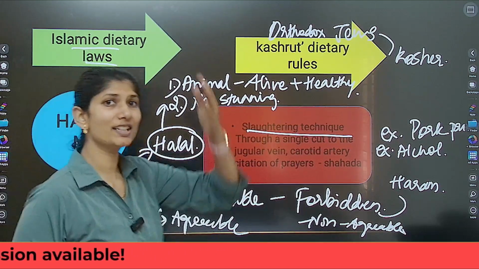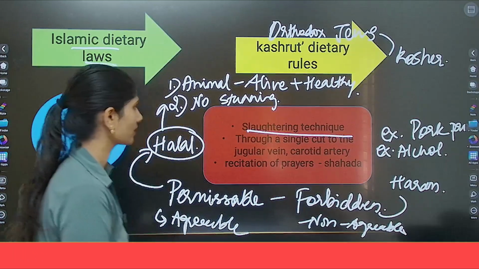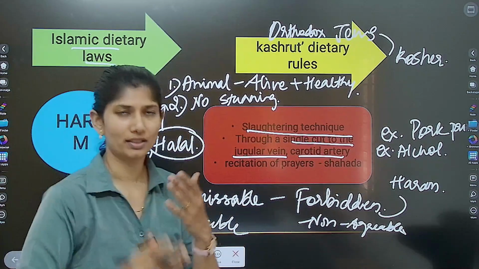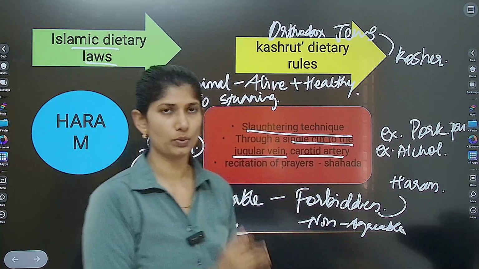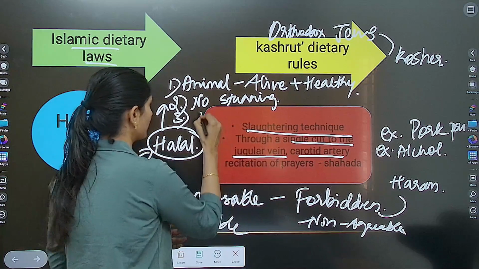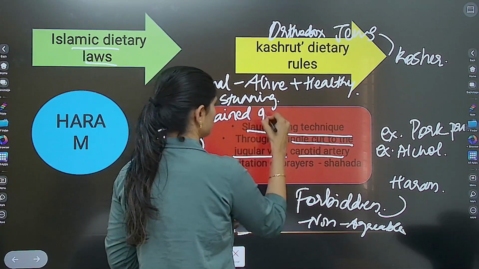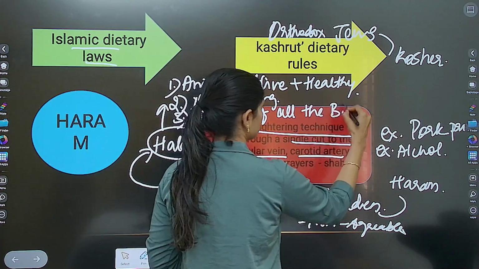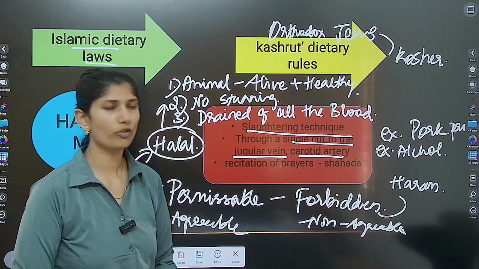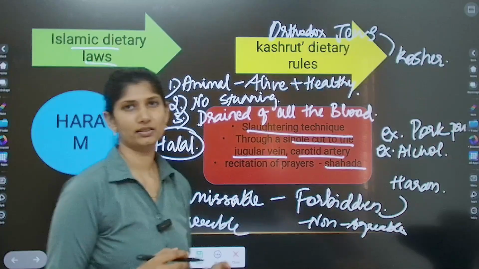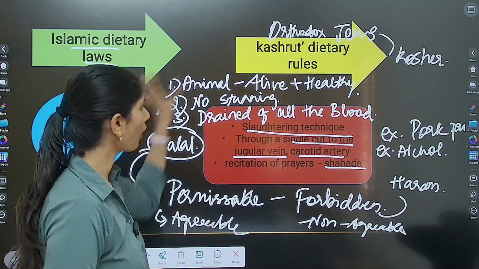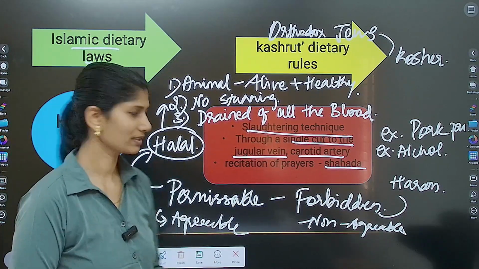And third, even the way you slaughter the animal is different. A single cut is given to the jugular vein or the carotid artery, wherein the blood transmission happens from your brain to heart and vice versa. That is cut, and the carcass is drained of all the blood. Understanding? And also recitation of a prayer, that is the shahada, is prescribed while doing this. This is halal, this way of slaughtering technique.